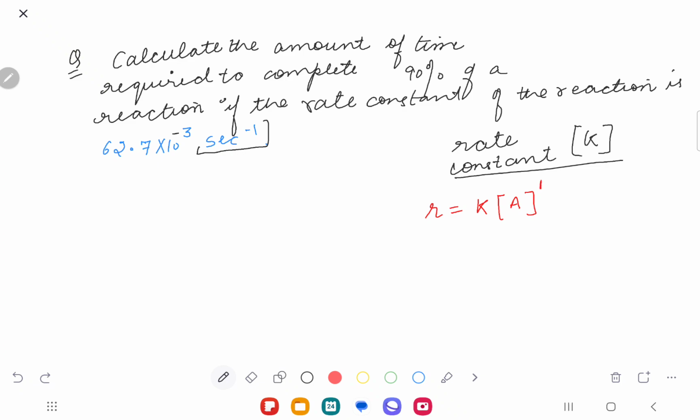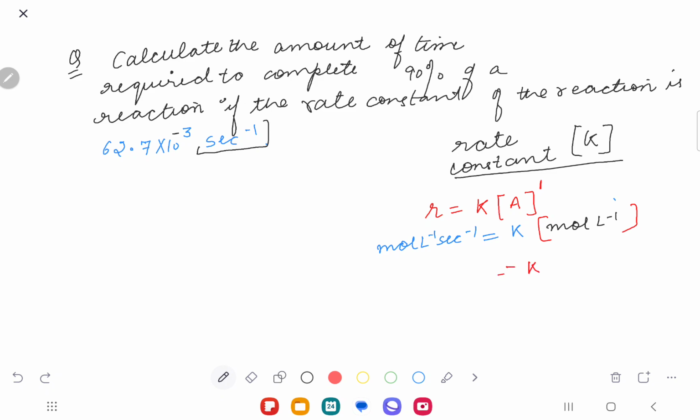Let's check that out. What is R? R is the rate of reaction. The unit of rate of reaction is a fixed unit. It is moles per liter per second. And that would be equal to K, and A would be moles per liter. Yes or no? Yes, ma'am.